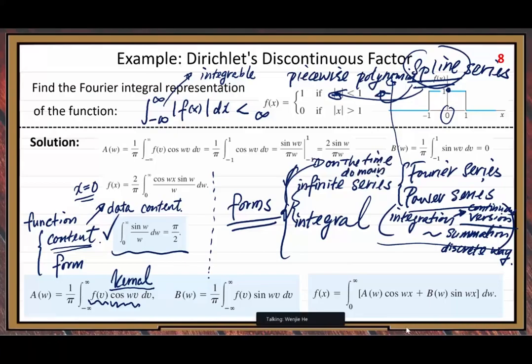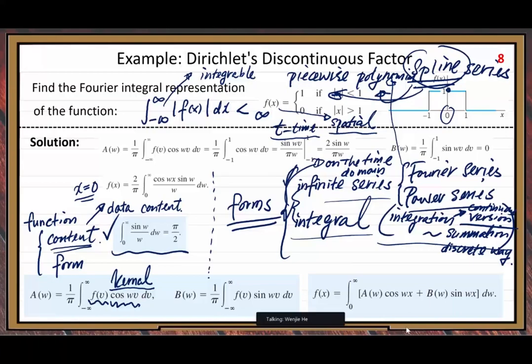Here, x actually is the spatial domain. Time domain, that's the variable t. When we use variable x, it's the spatial domain. So time or spatial. In these two cases, we work on either the time or the spatial domain.